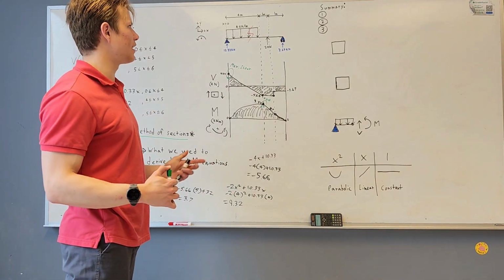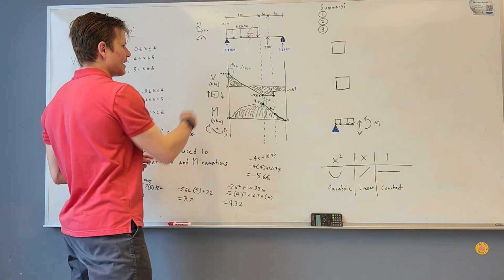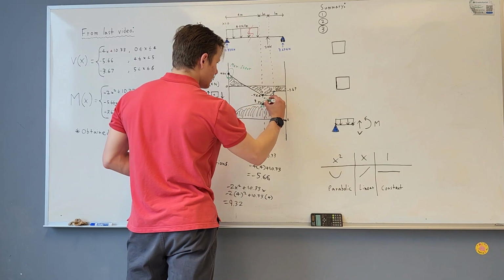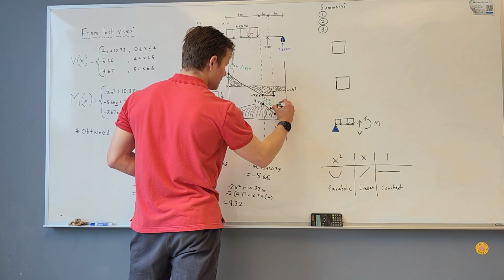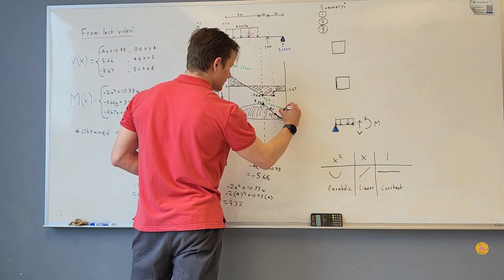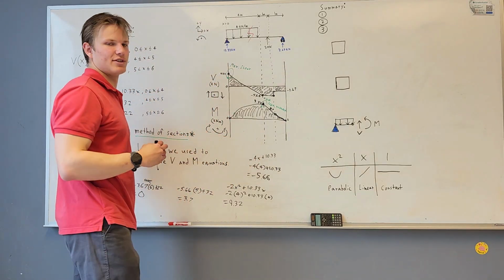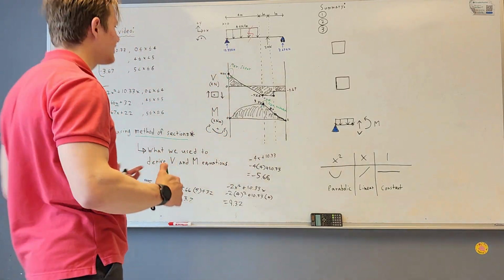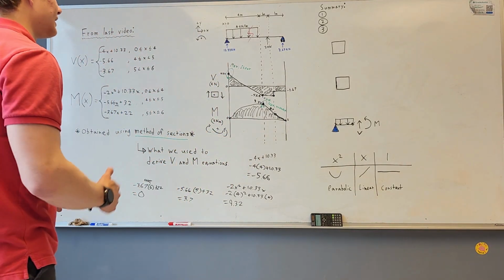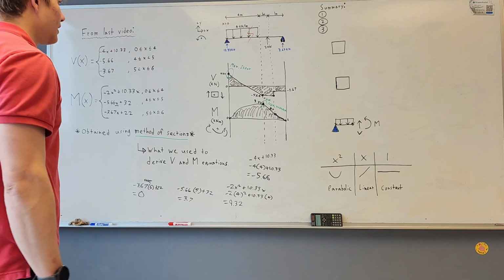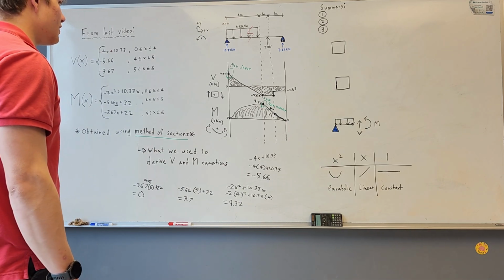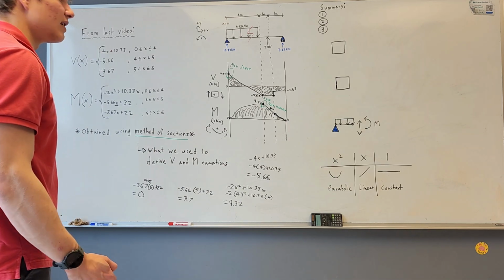We can just see directly from our plot where the max shear is and where the max moment is. And that's why these graphs are just super fast and super easy to use, because they can give us that information just like that. And so that is everything we need.